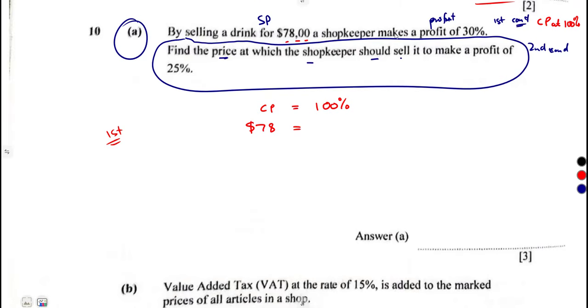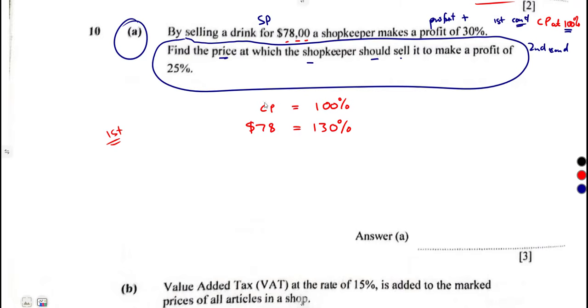Given the selling price of $78, which is making a profit, so there's a profit of 30%. From the cost price, which was at 100%, you add the profit to the 100%, because the selling price is more. We have added this 30% profit, so it will be at 130%.